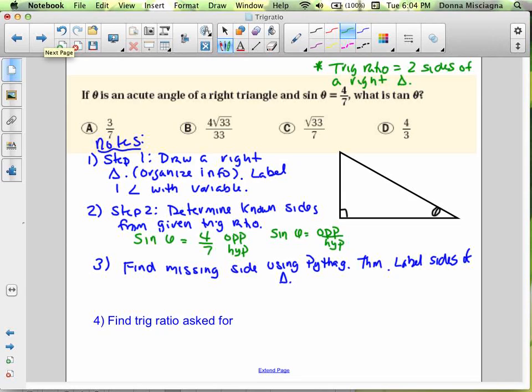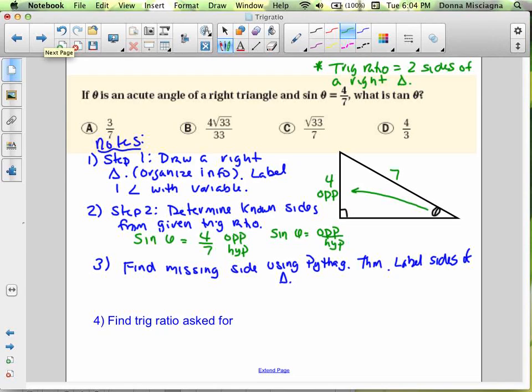So chances are I'm not going to give you one that's been rationalized or reduced. I'm going to give you nice pretty numbers. Now you might have a radical when you're solving for the missing side, but usually I'll give you nice pretty numbers like that. So opposite the given angle is going to be 4. That's the opposite side, because it's all relative to our angle, and that's going to be our angle of reference. The hypotenuse is always opposite the right angle, so that's going to be 7.